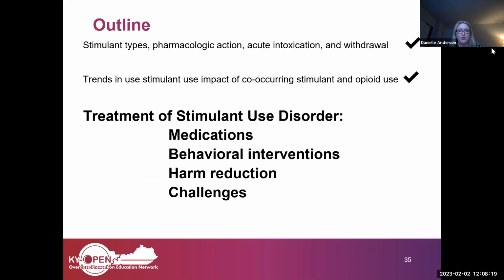So key points from this section are the number of overdose deaths involving stimulants have increased over the last 10 years, and really over the last 20 years. The number of overdose deaths involving stimulants and opioids have increased as well. Looking at non-fatal overdoses, we can find common opportunities for intervention.